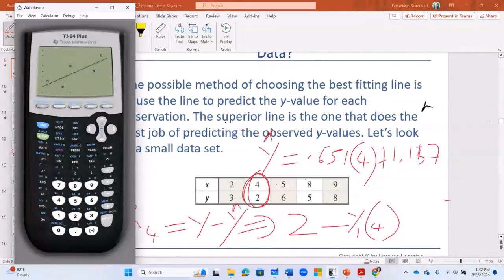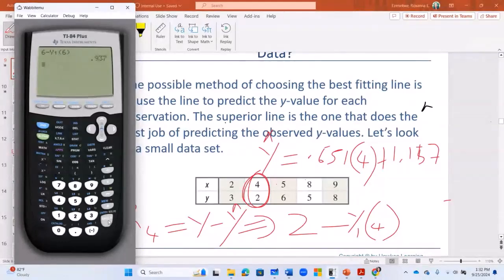If you want to find the residual for 5, you do the same thing. Residual for 6 is going to be 6 minus, bring down y1, Vars, Y-Vars, function y1, then substitute 6 there. It gives you the residual for 6.